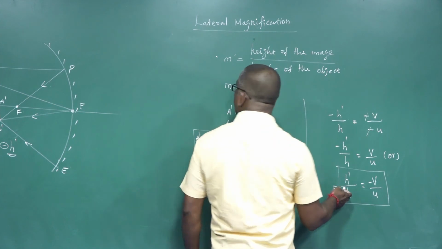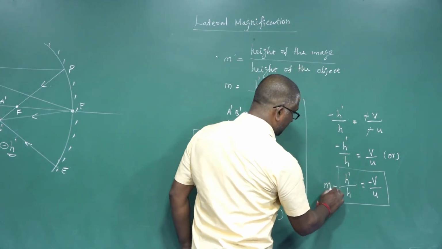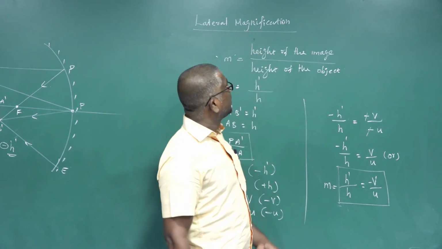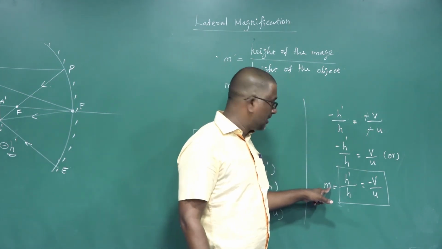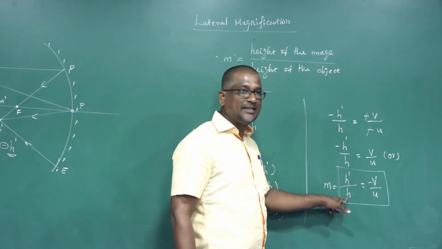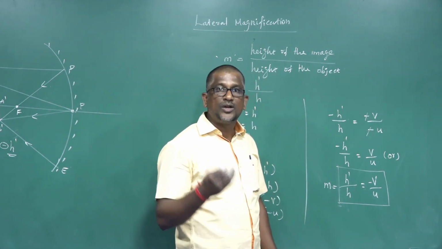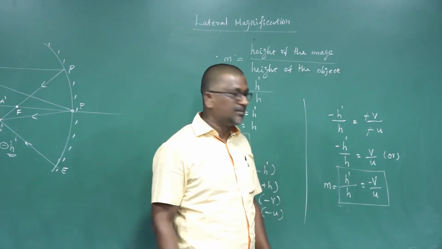Already h prime divided by h is equal to m. So the lateral magnification or transverse magnification of a given spherical mirror is given by m equal to h prime divided by h. If you know the height of the image and the height of the object, we can calculate the lateral magnification of a given spherical mirror.